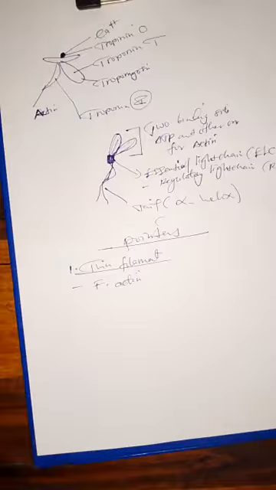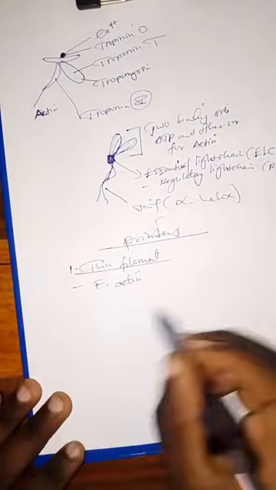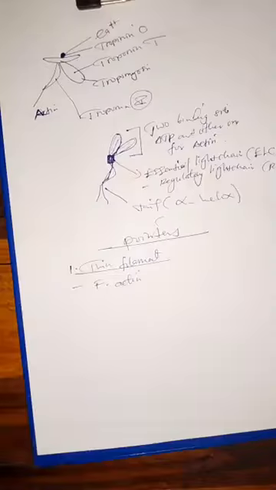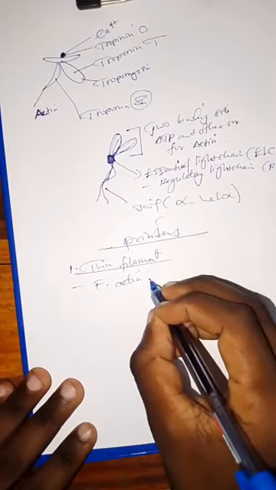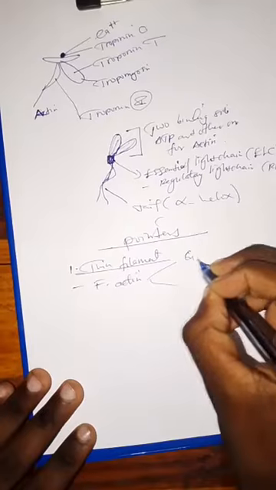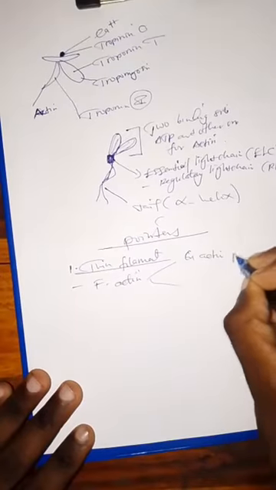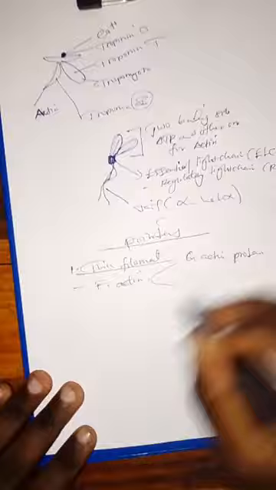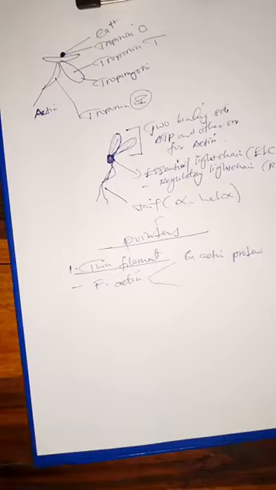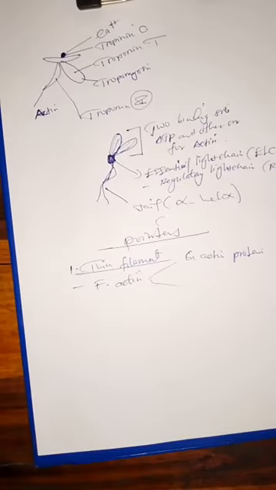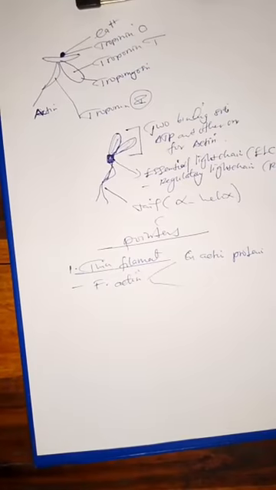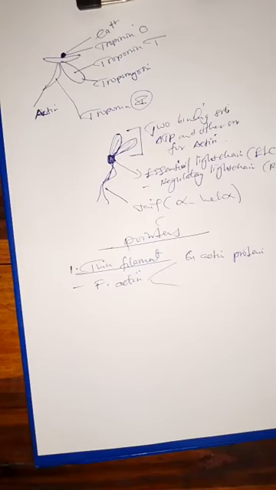This F-actin chain consists of two chains of the G-actin protein. The G-actin protein is a globular protein, and each G-actin protein has an active binding site for myosin.